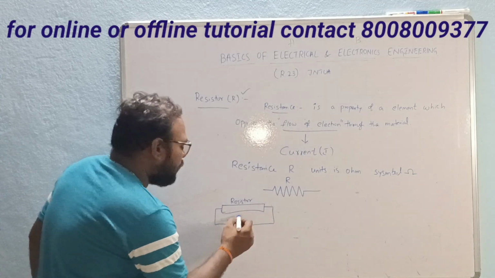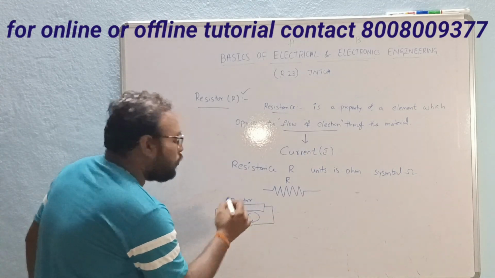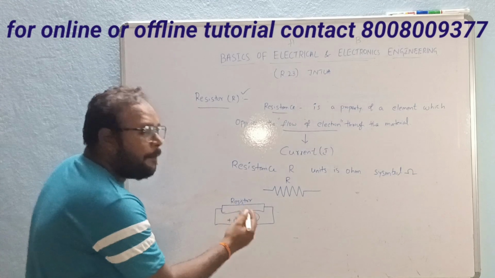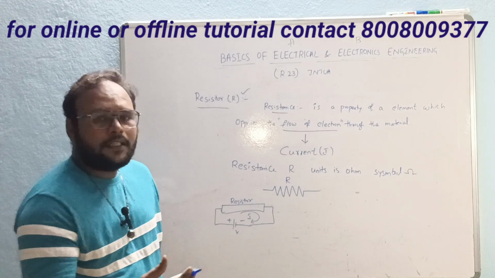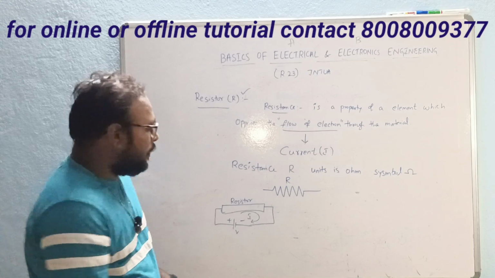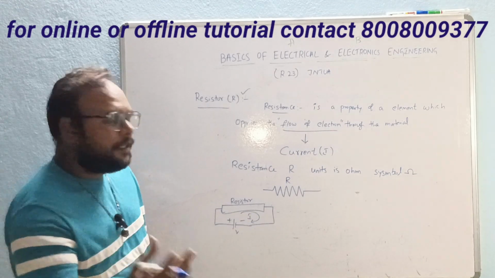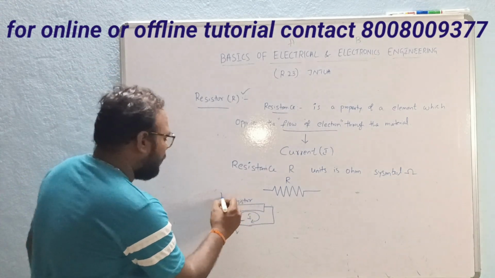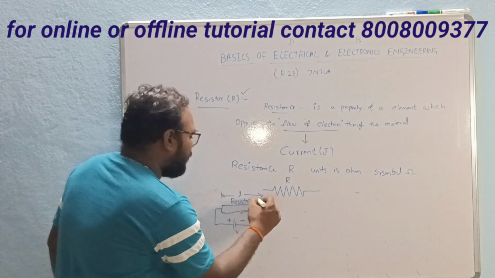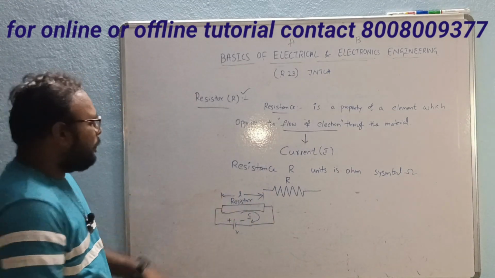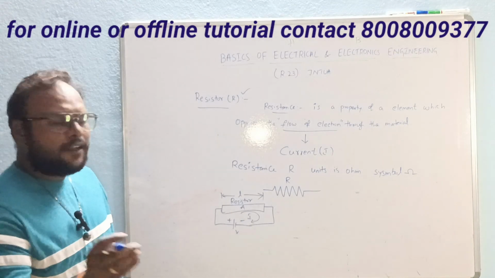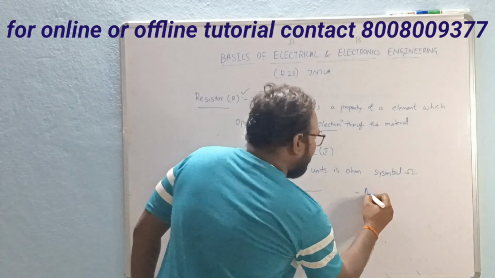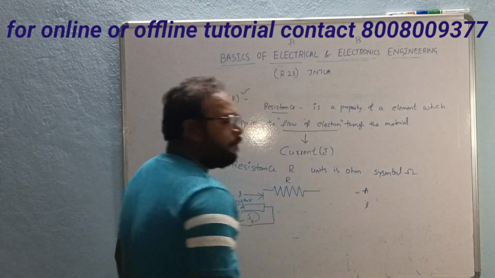We know that current direction is positive to negative. How the resistance depends upon the size and shape of the material: let us take a resistive element with length L and cross sectional area A.